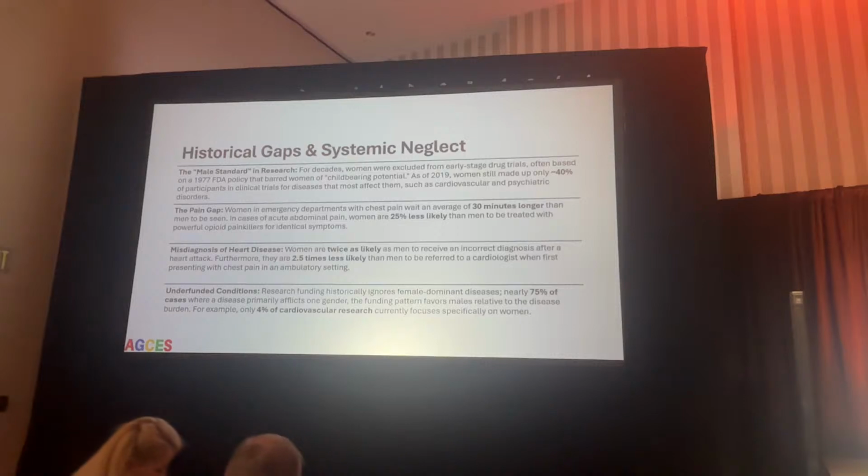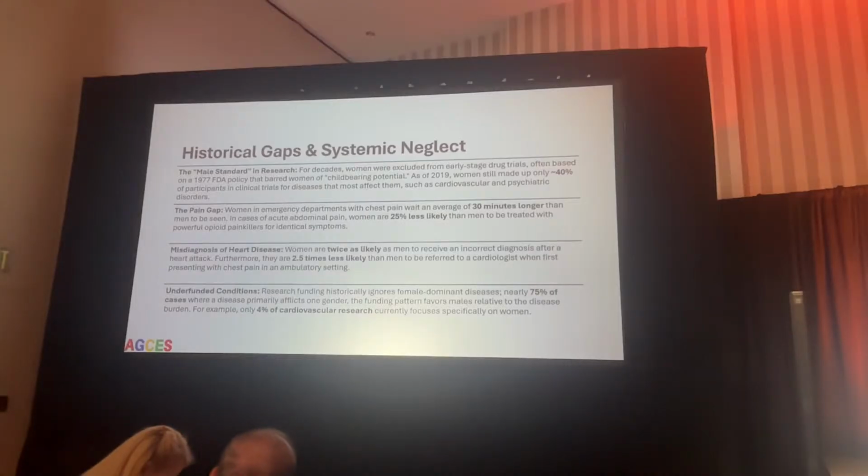The other one is the pain gap. It's well documented that women's pain is often disregarded at a higher rate than men's. There's a delay in being seen for pain. You are less likely to be treated for your pain if you're a woman over a man. And then things like the misdiagnosis of diseases like heart disease.